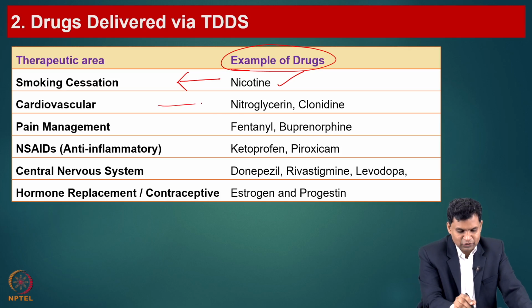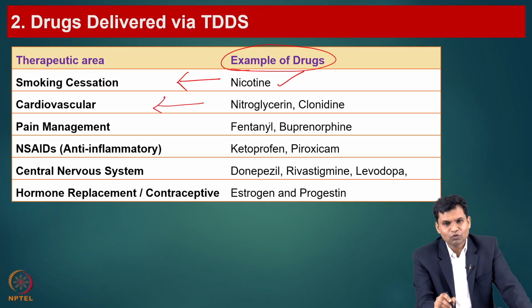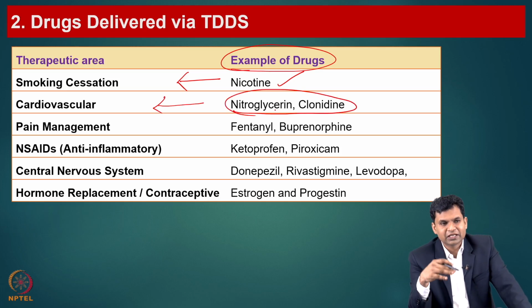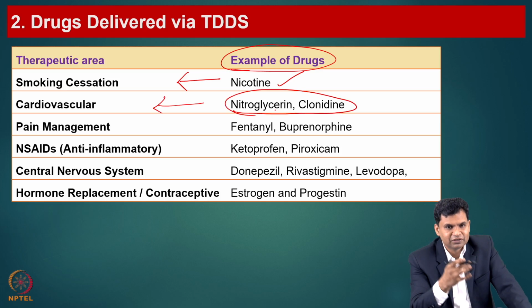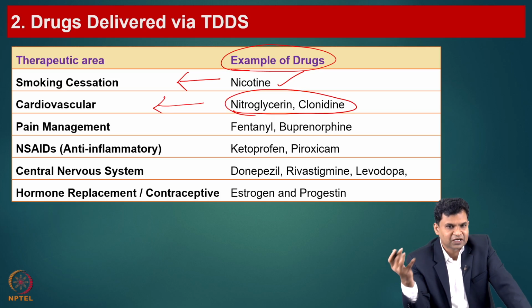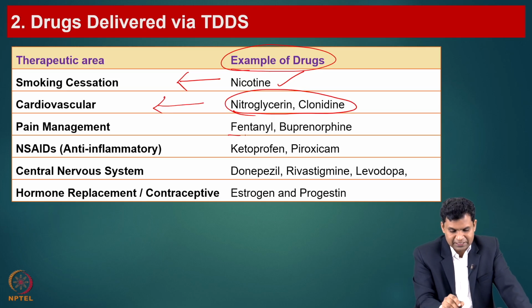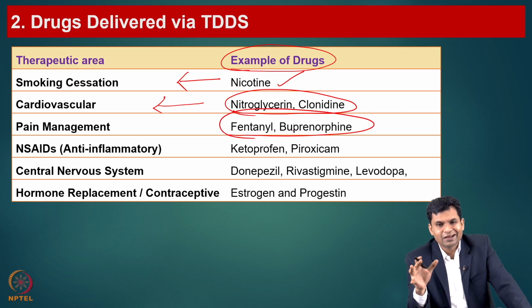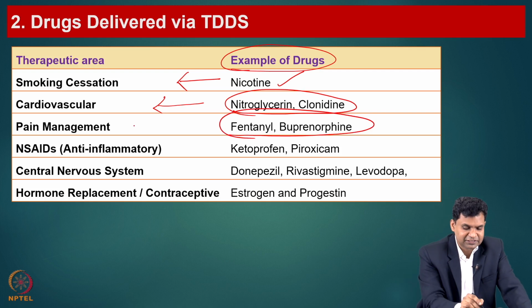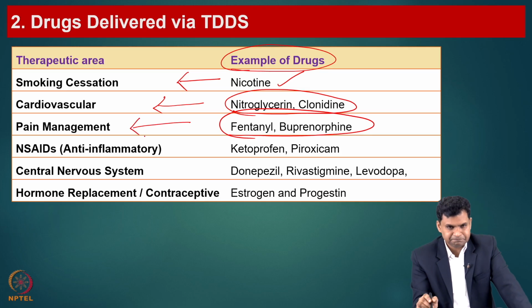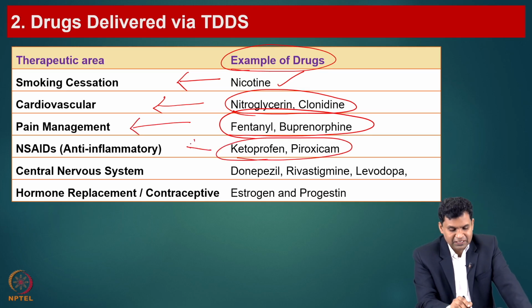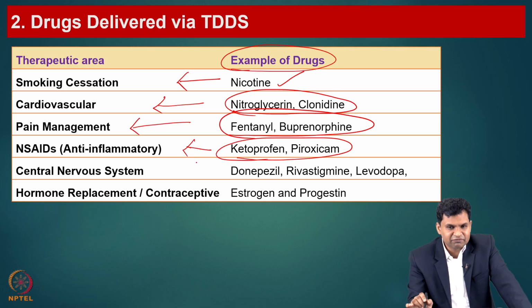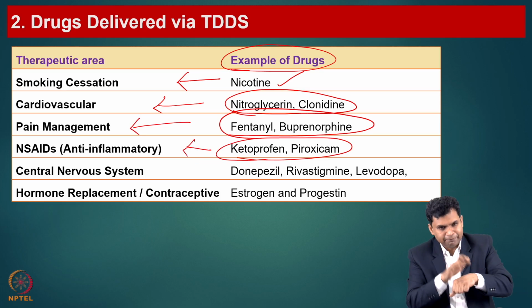And when you have cardiovascular diseases, nitroglycerin and clonidine can also be converted into patches that can be helpful for the treatment of cardiovascular diseases. And fentanyl and buprenorphine, which are opioid analgesics, help for the treatment of pain. And we have non-steroidal anti-inflammatory drugs which can also help for the treatment of inflammation by applying the patch.